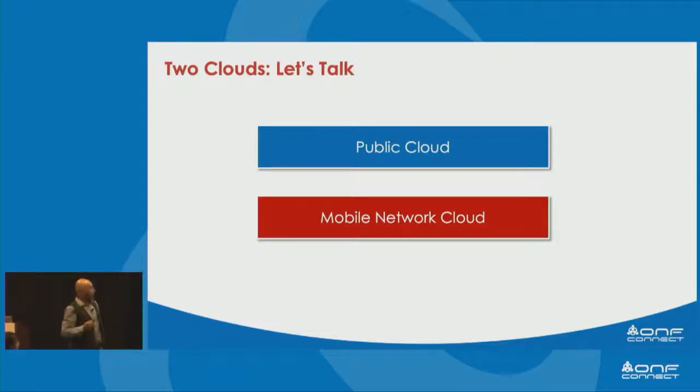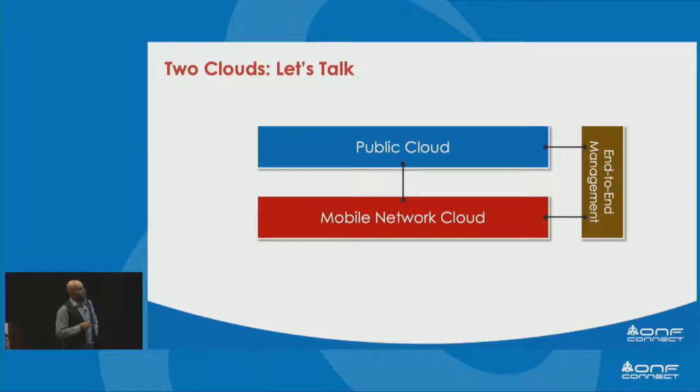So there needs to be a means of the public cloud asking for intent based on the type of services. And what would be even more ideal is if there was an end-to-end management that actually oversaw the two.